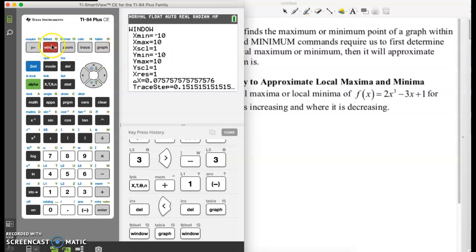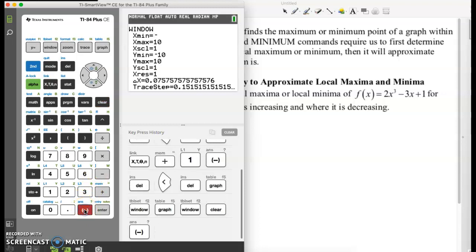So going back to my window screen, I push window. You'll notice it's highlighted in red right now. I want to change my x min to negative 2. So I'm going to clear the negative 10 and push, remember, the difference between subtraction and negative. If you use the subtraction symbol, I think you'll actually end up getting a domain error. Your calculator will not be able to enter that in.